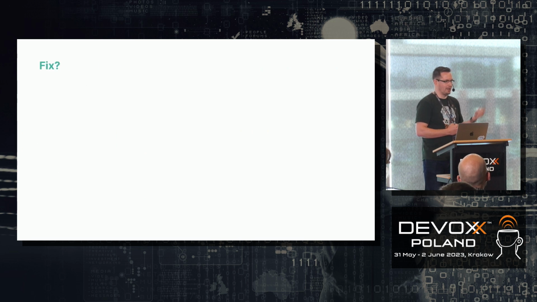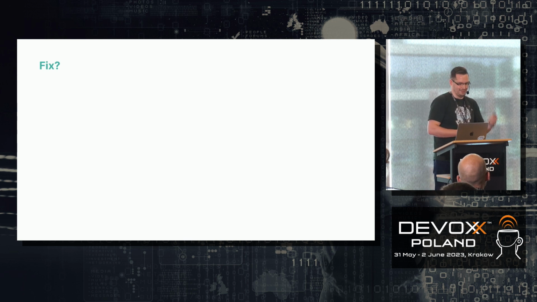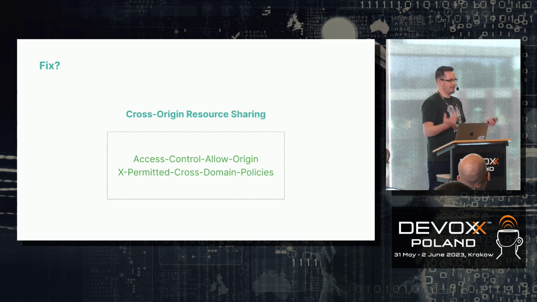So the question to you, how can we fix this problem from a header's perspective? Of course. So cross-origin resource sharing, this is a header that we want to add to our configuration. And the change that I told you is that 10 years ago, if you didn't have this header, the assumption was anyone can read your content.